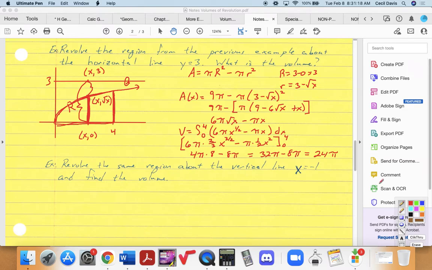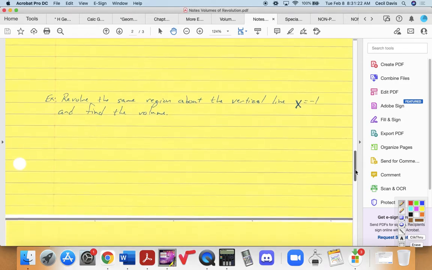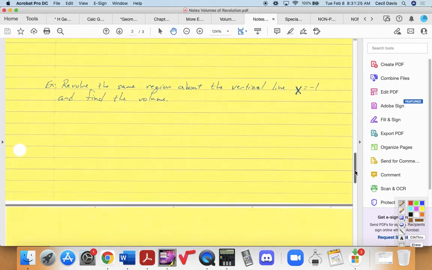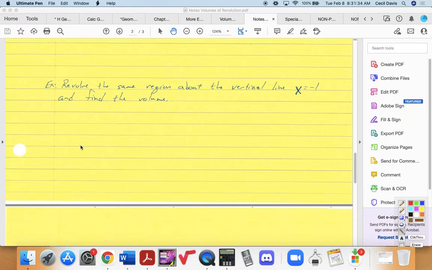Okay, one more on that same track. Revolve the same region about the vertical line, x equals -1. So we've got y is the square root of x, and x equals 4.